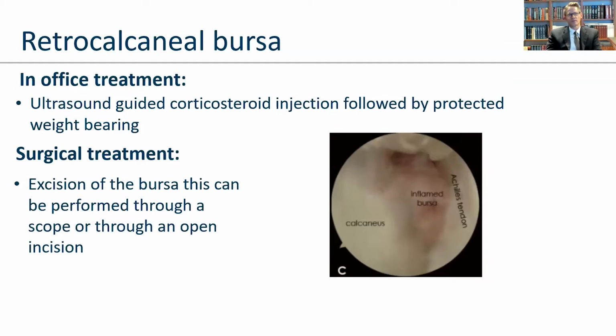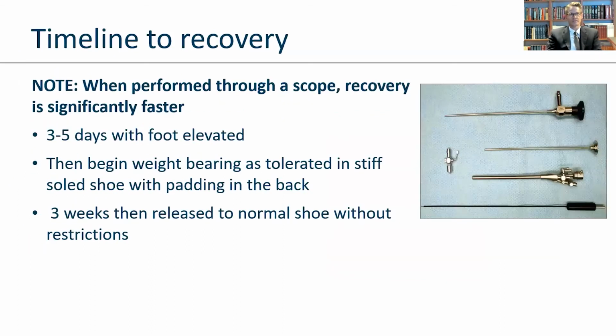The surgical treatment would include, you excise the bursa, and this can be and is performed through a scope, and that's the most effective way of doing it instead of going through that open incision that we previously talked about. Timeline for recovery when done through a scope, 3 to 5 days again with that foot elevated, and then weight bearing is tolerated in the stiff-soled shoe, padding on the back of the shoe against the heel, and then within 3 weeks you're released back with a normal shoe without restrictions.